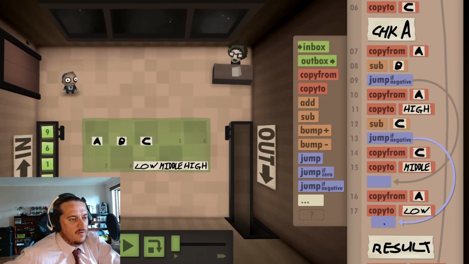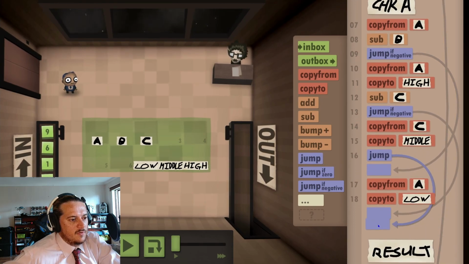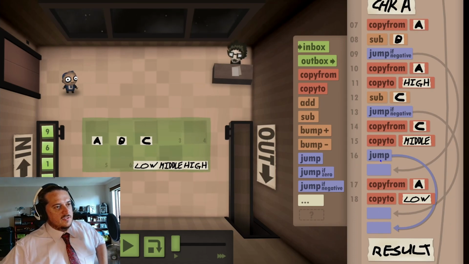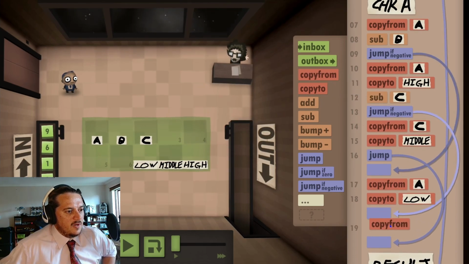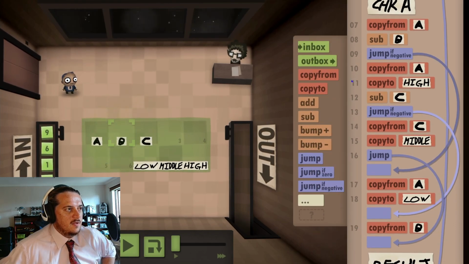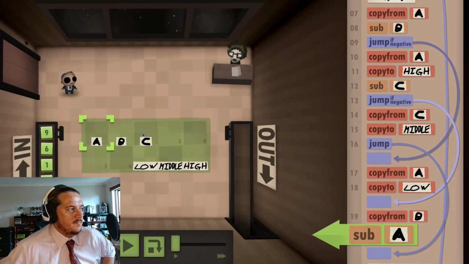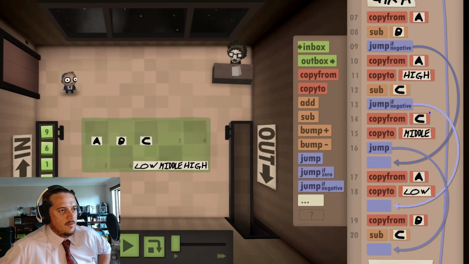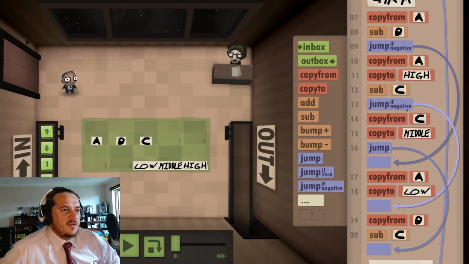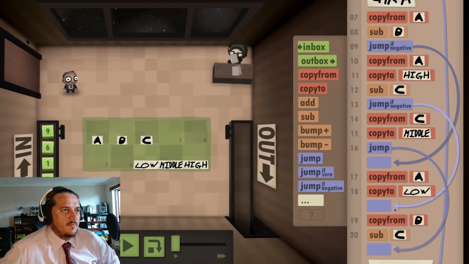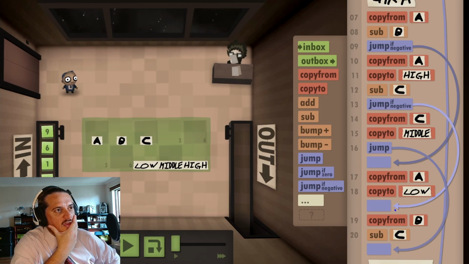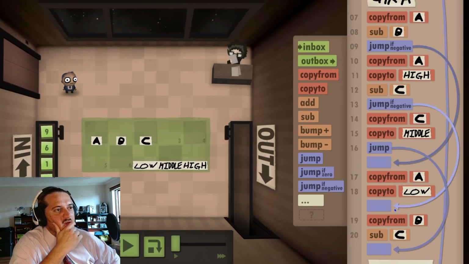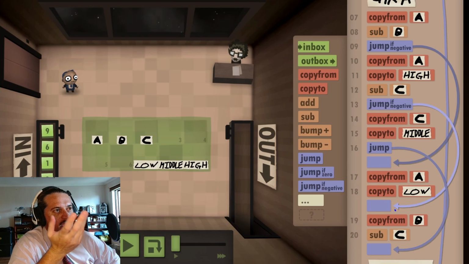from there, need to do another jump here, get the result there, and then we've got to go here, because then I need to take B and subtract C. So if negative, copy from A minus C. If A minus C is still positive, then A is the highest.